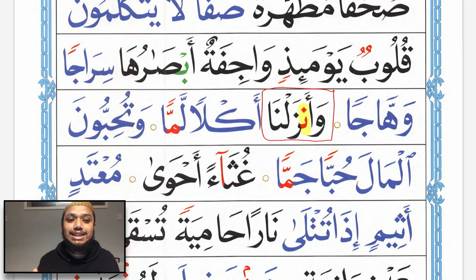Wa anzalna. That's how it will be read. Can you hear? I'm hiding the noon, so I'm not pronouncing the noon clearly, and I'm making ghunna.